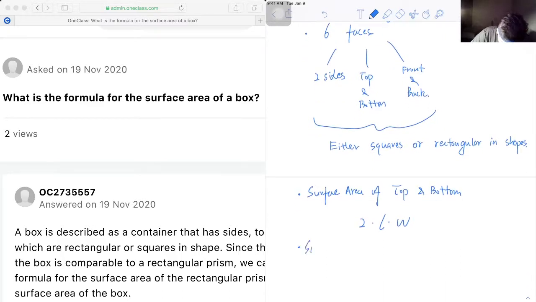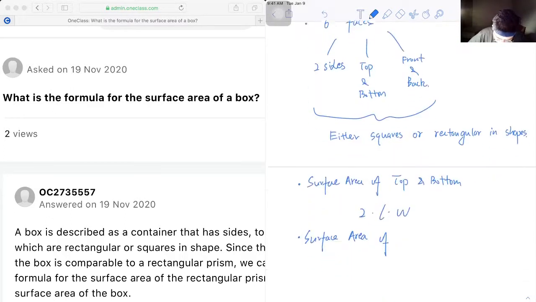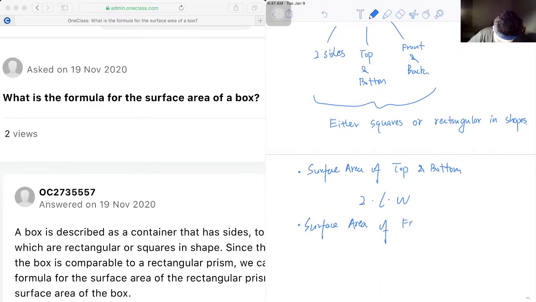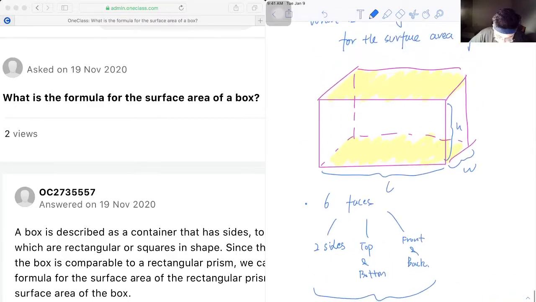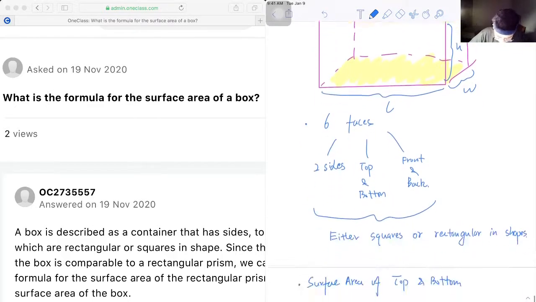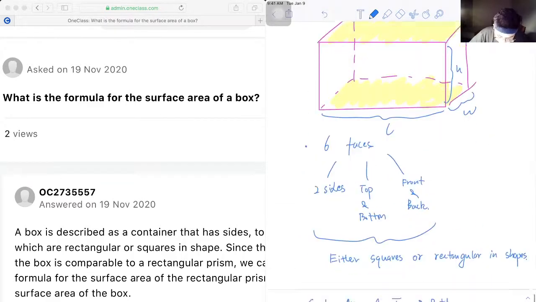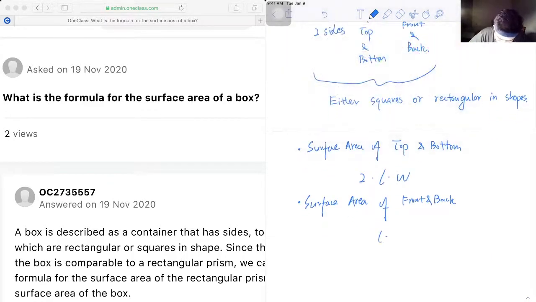And we also have the surface area of front and back, which is going to be L times H. And since there are two of them, we need to times 2 as well.